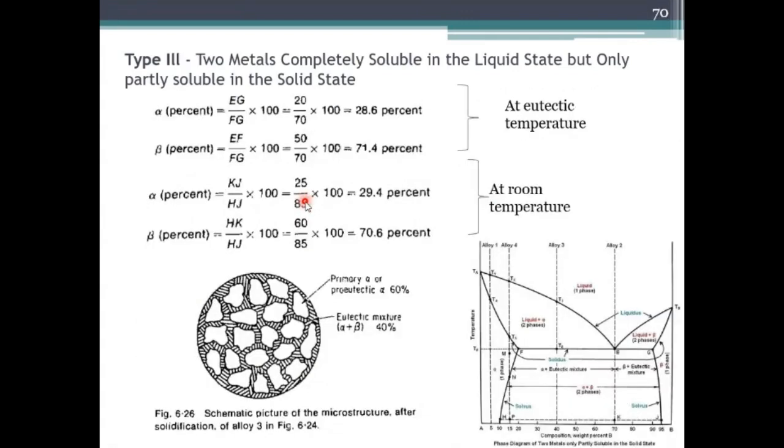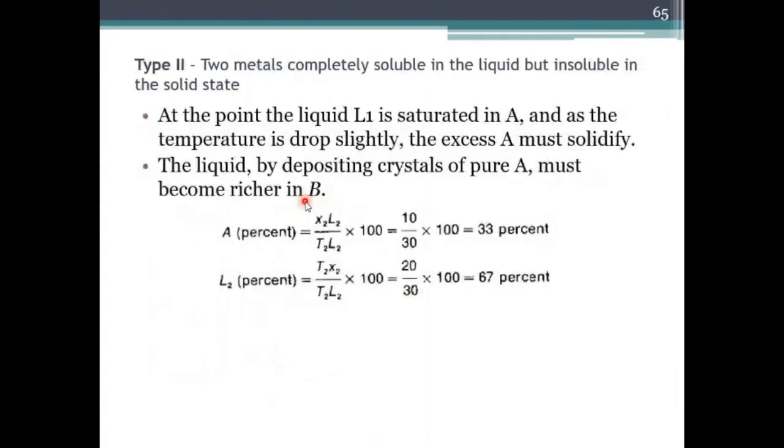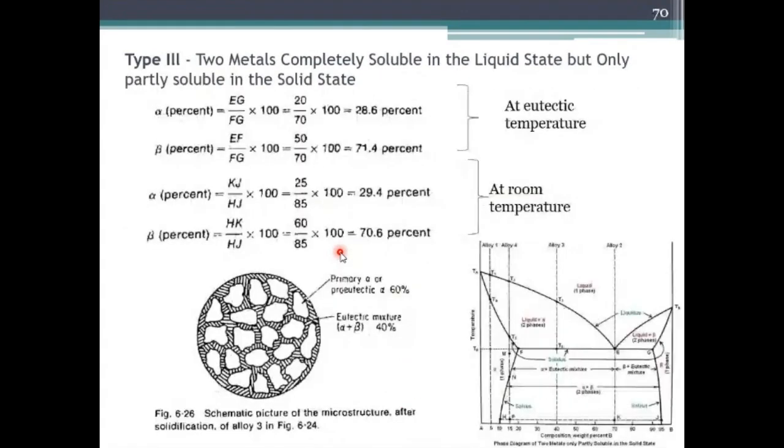By using these percentages, we can also calculate the composition. I told you X2L2 by T2L2, and the same thing we can take here. See here, alpha percentage will be equal to, alpha is where, here it is alpha plus beta.